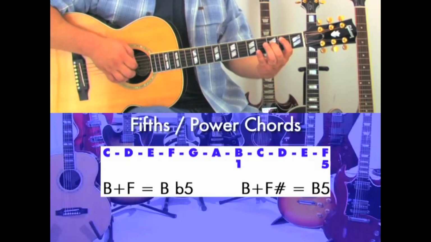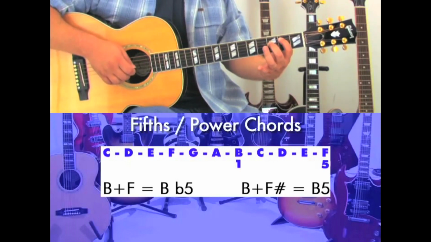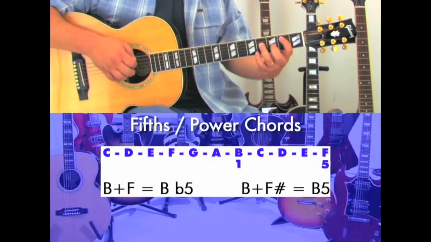B plus F equals a B diminished because the F note is a flat 5 or diminished fifth above the B note. It is often altered to a 5 chord by raising the F or flat fifth note up to an F sharp.